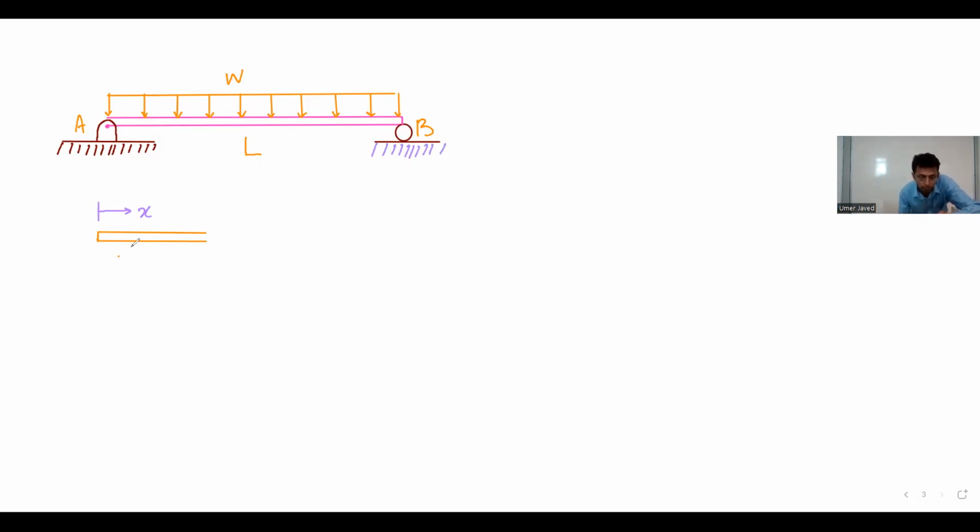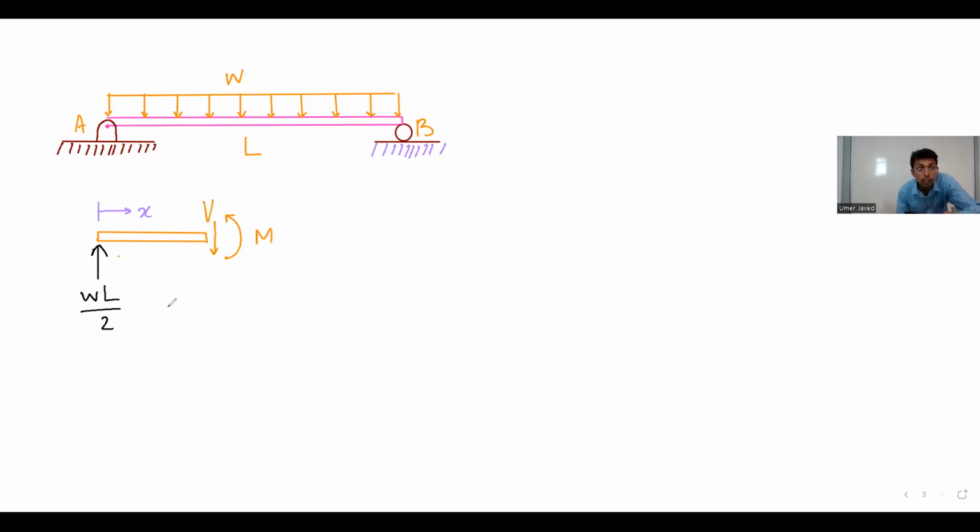So number one thing is, what is the reaction here? It will be WL over 2. If it is WL by 2, then I will use the statics rules, and the statics rules tell me that this will be downward and I will have an anti-clockwise moment.